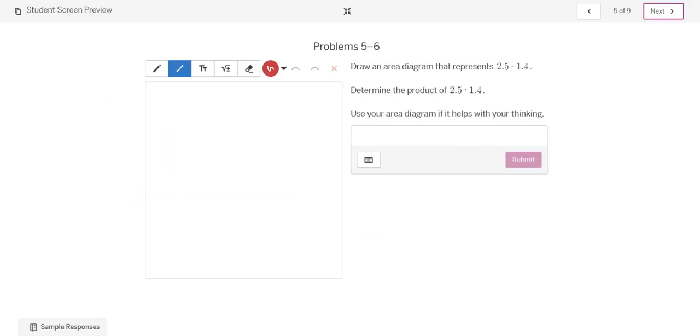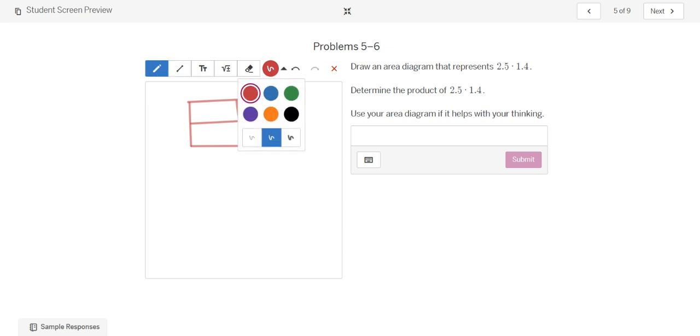Draw an area that represents 2.5 times 1.4. I just use a generic rectangle. Ooh, I had a line tool on that one. That's pretty cool. I did not intend to draw perfectly straight lines, because my box is not normally perfectly straight like this. Okay, let's get a pen tool and go to blue. 2 and 5 tenths, I would write 2 and then 0.5. 1 and 4 tenths, 1 and 0.4.